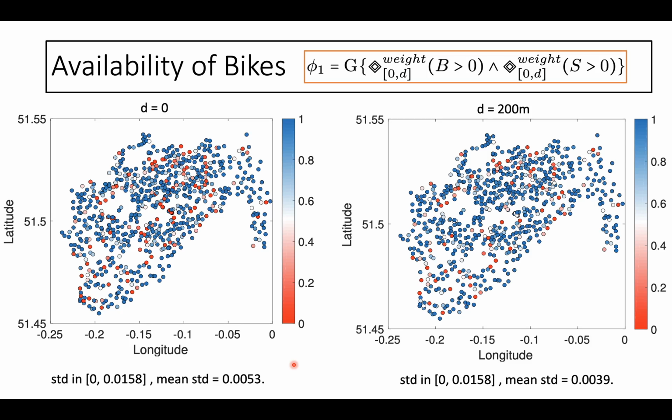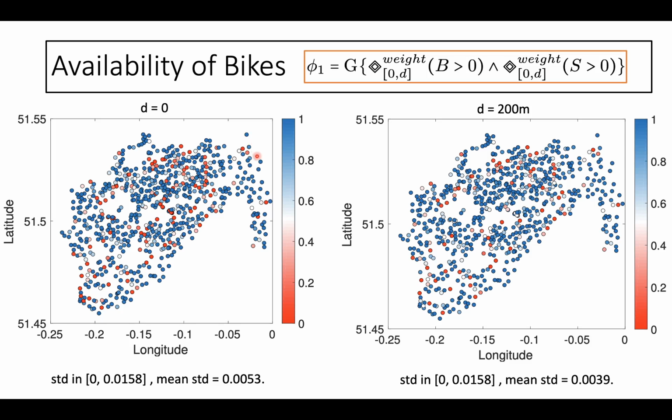The standard deviation is really low. Here you can see the probability of satisfaction going from 0 to 1 in the legend. The red locations are the ones that do not satisfy the property, with probability equal to 0, and the blue ones are always true in all the runs.